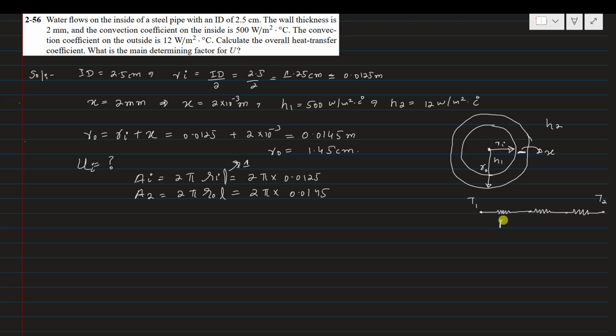So here the resistance is R1, then the resistance offered to the heat transfer R2, and here the resistance offered outside the heat transfer is R3. This R1, the resistance to heat transfer inside the pipe, is equal to 1 divided by H1 A1.